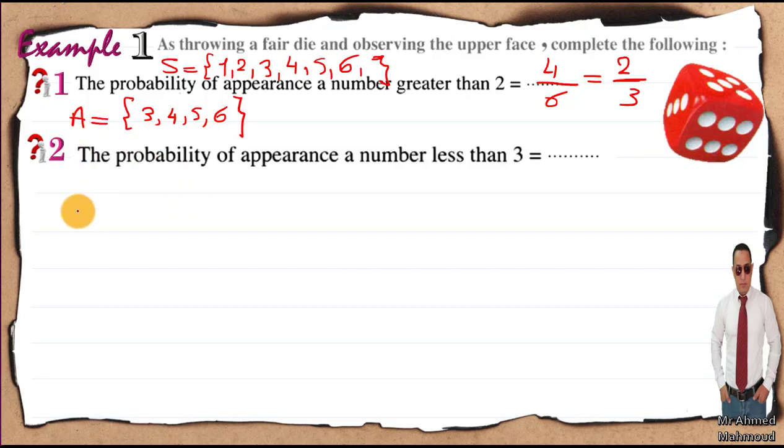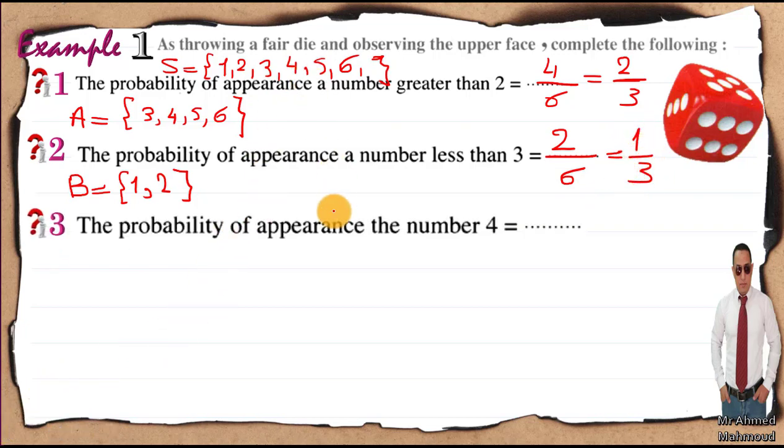I'm going to call this event B. So B equals the set of numbers less than 3, which is 1, 2. The probability of B equals 2 elements over 6, which is 1 over 3.